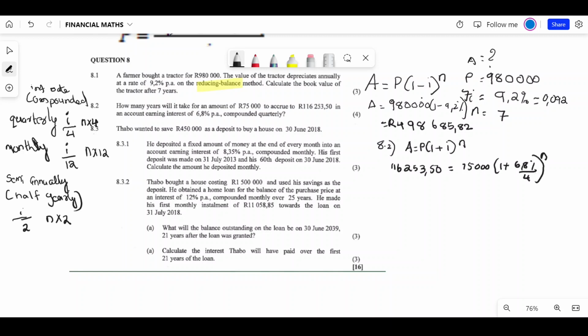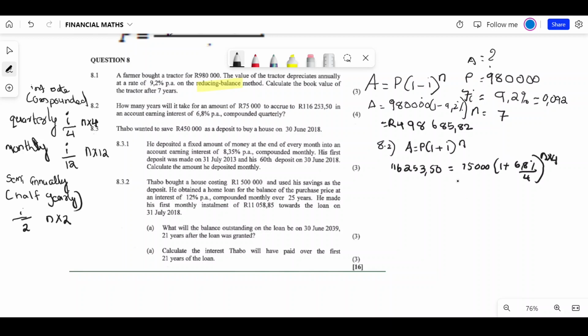We don't know n, but because it's number of years, you multiply by 4. Okay, so this is the question. Now here the only unknown is n. That's what we are finding, number of years.